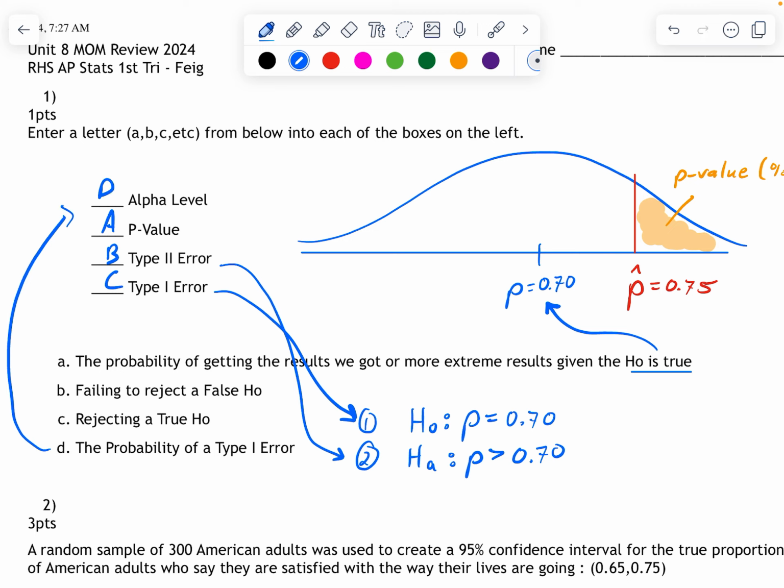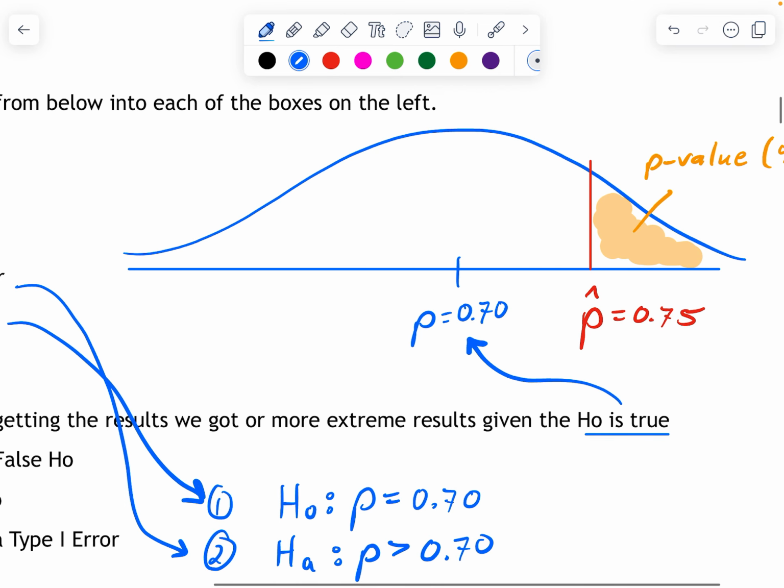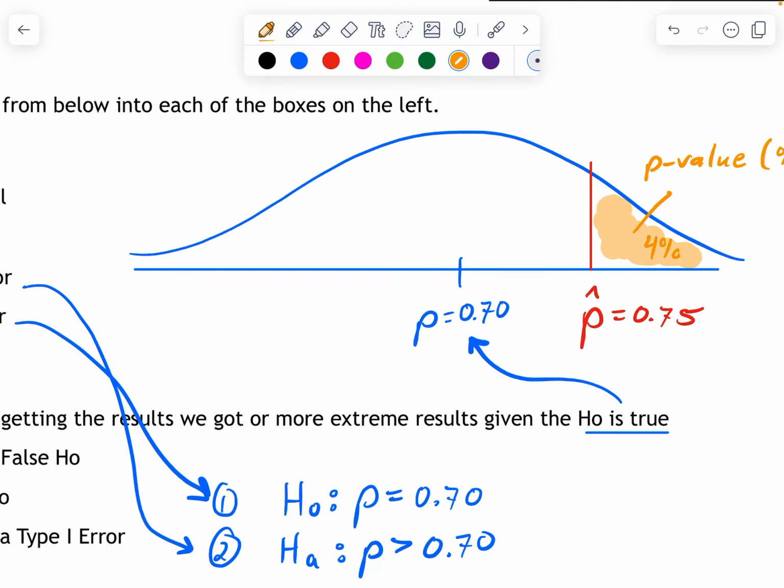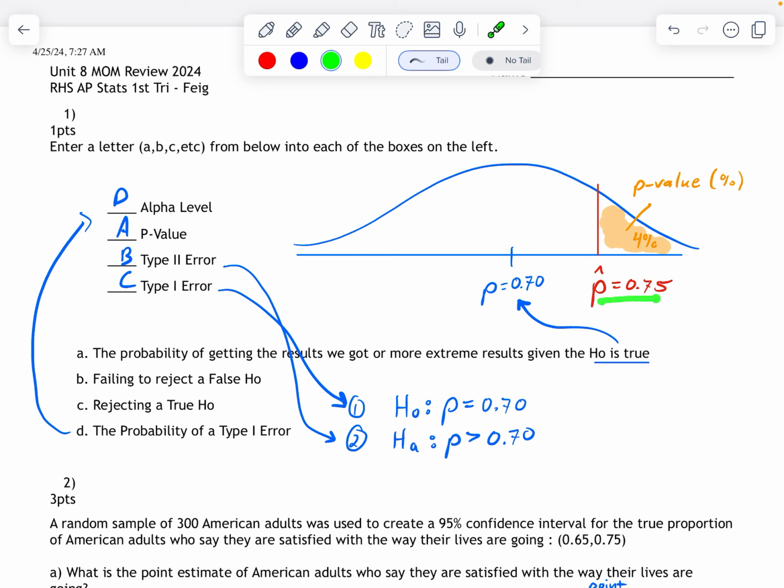Alpha, whatever you set it at, say you set it at 5%, which is the most common, 0.05, then you will make a type 1 error 5% of the time. Because let's say you get a p-value of 4%, that means that this result will happen randomly by chance 4% of the time if the null is true.